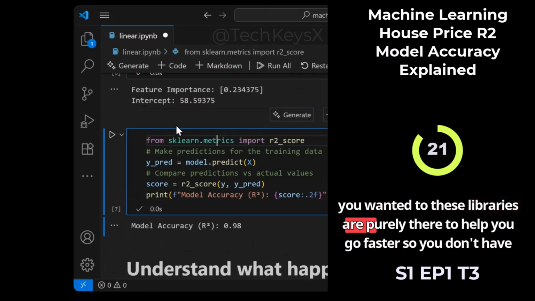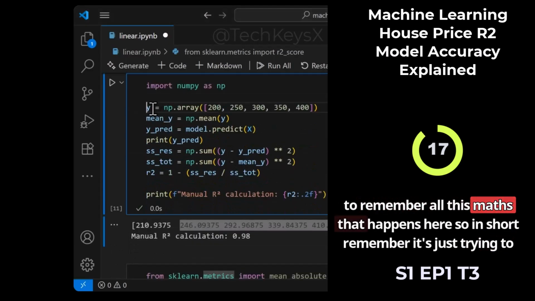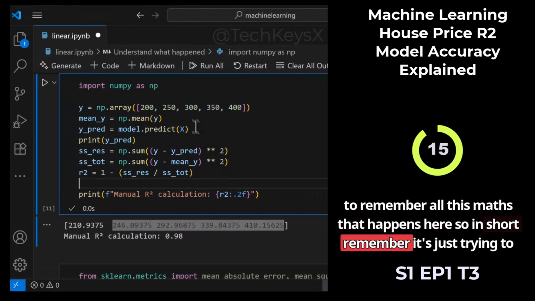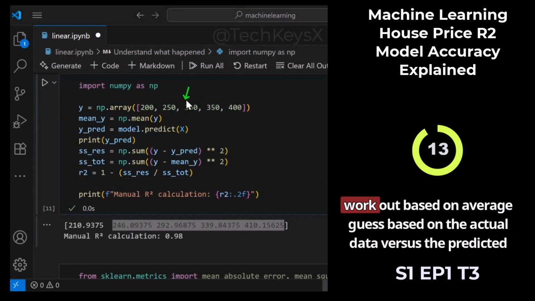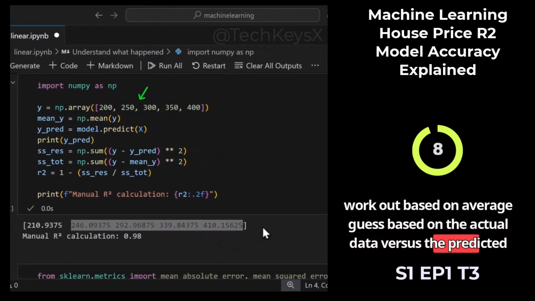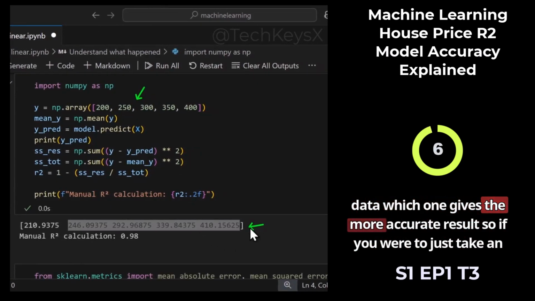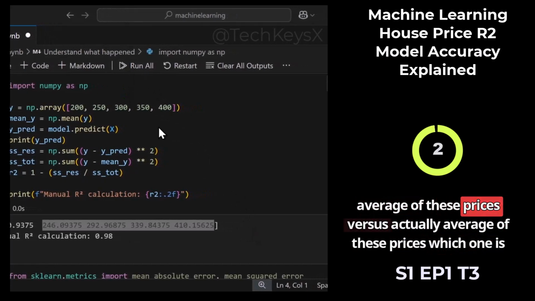These libraries are purely there to help you go faster, so you don't have to remember all this maths. So in short, it's just trying to work out, based on an average guess versus the actual data and the predicted data, which one gives the more accurate result. If you were to just take an average of these prices versus the actual prices, which one is better?